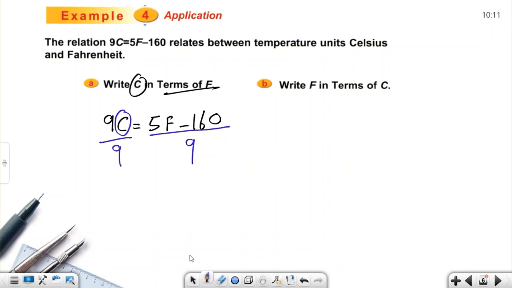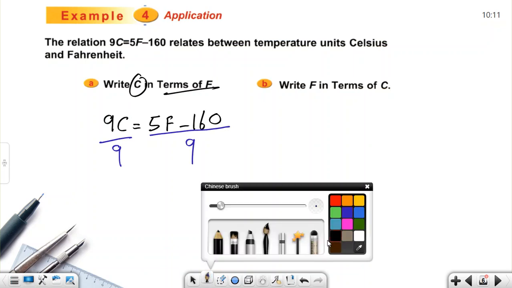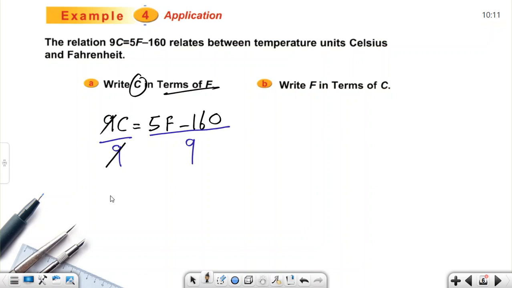When you divide one side by a number, or multiply one side by a number, you need to do it to all terms on the side. So 9 divided by 9 is 1. Only C is left, equal to (5F minus 160) divided by 9.